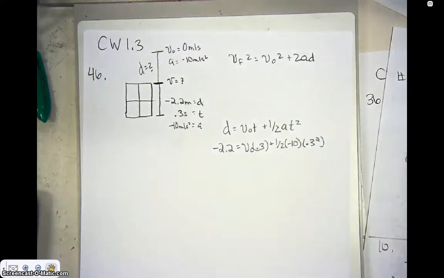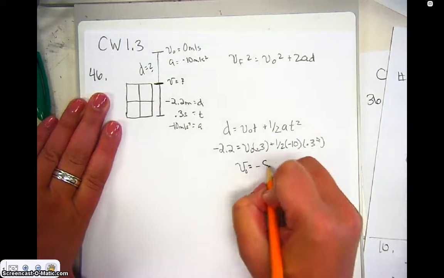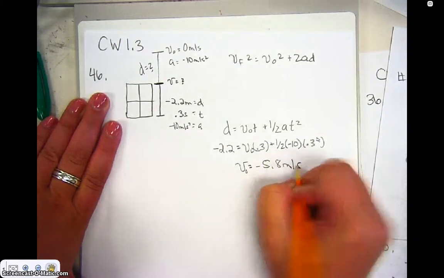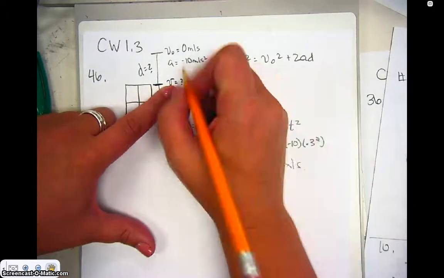If I plug that all into the calculator and solve for V initial, I get 5.8 meters per second, or negative 5.8 meters per second. So this is my velocity right here.